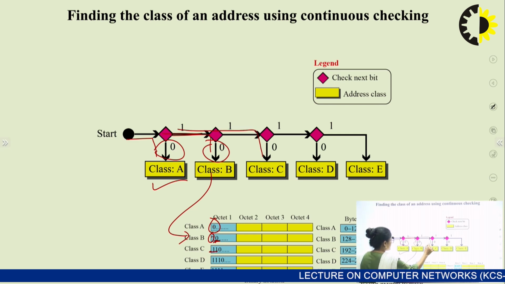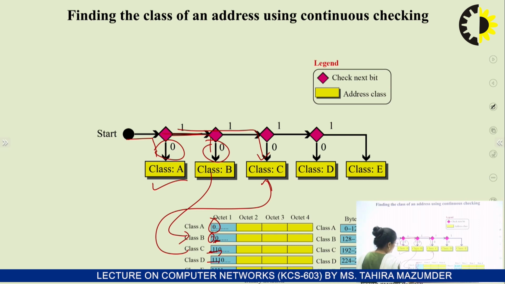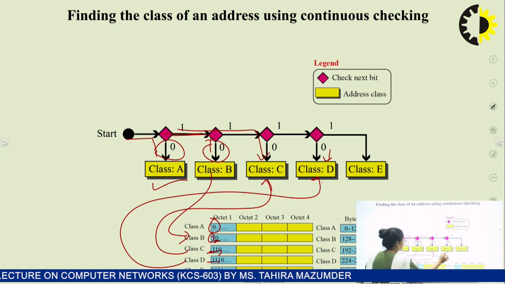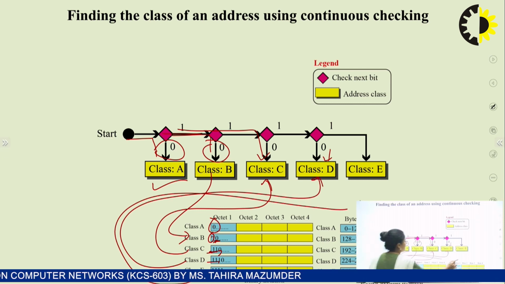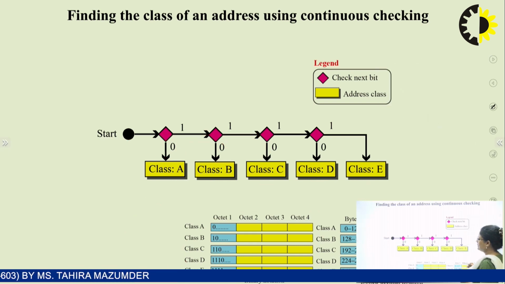Then you check whether the third bit is 0, and if it is, it is class C. If not, that means all three bits are 1, and then you check whether the next one is 0. If it is 0, it is class D, or else it is class E. So this is another way of looking at the same thing. This is how we have divided the entire 32-bit space into 5 classes.